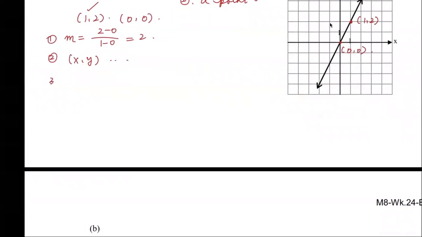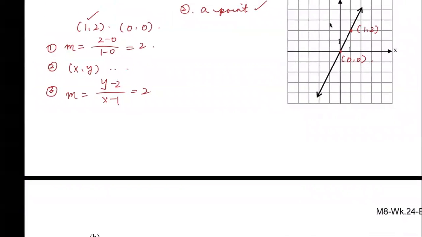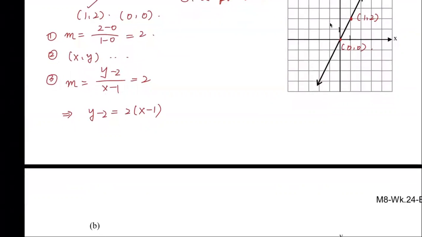So third step, we use this slope formula again. y minus 2 over x minus 1 is equal to 2, right? The slope here is found in the first step. So now we have y minus 2 is equal to 2 times x minus 1, right? And then we move everything to the left and find the standard form.